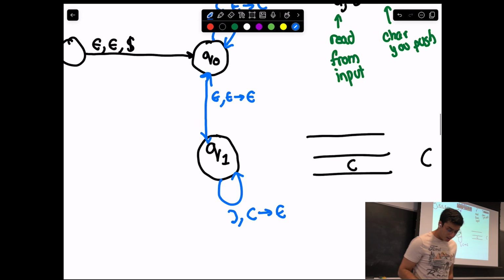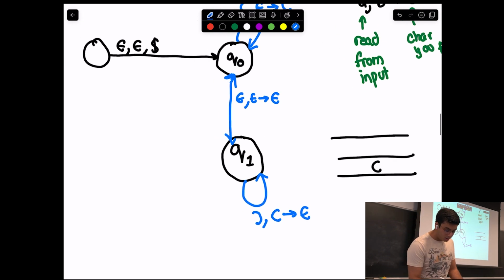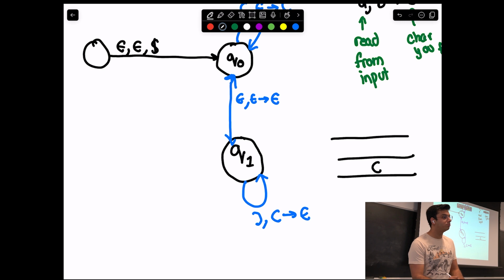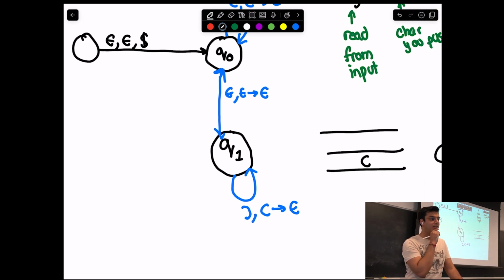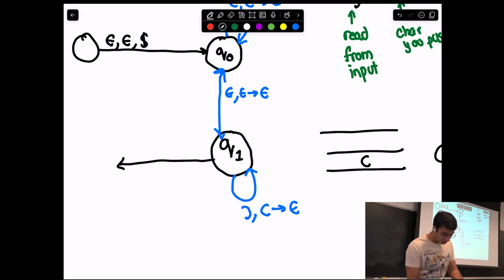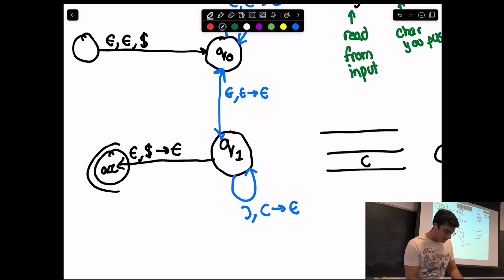Okay. And then do you want to finish the dollar sign thing? Or are there any other transitions you want to add? So we read nothing from the input string, we pop the dollar sign off the stack, we push nothing on. And then let's see if this is an accepting state.